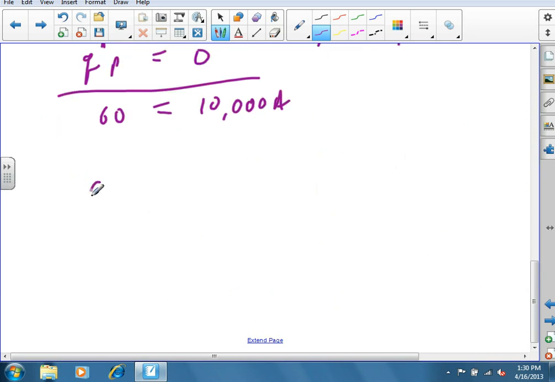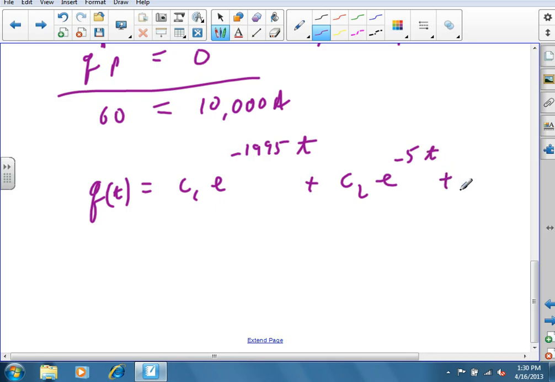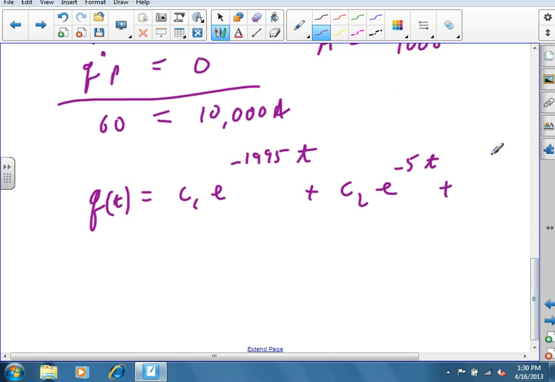So Q of t is C1 e to the minus 1995t plus C2 e to the minus 5t plus 6 over 1,000.